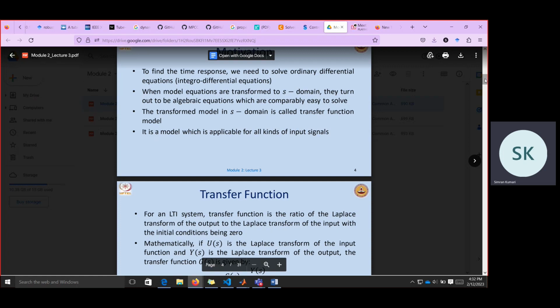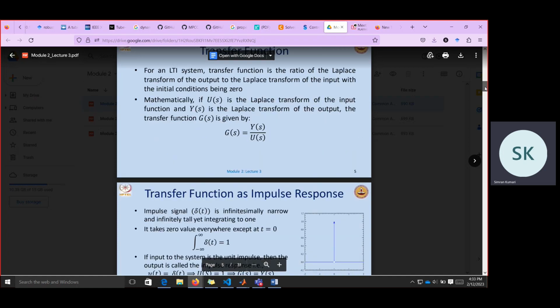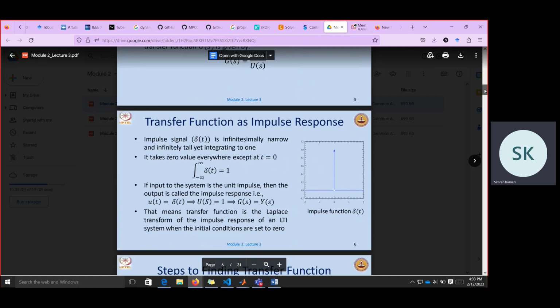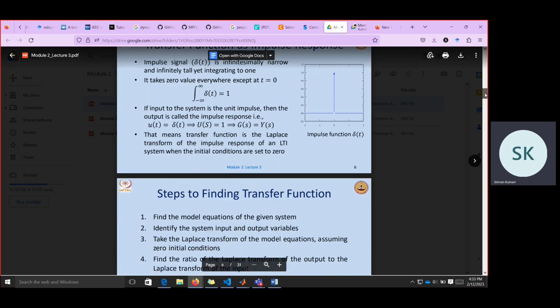So it's kind of a change, no? Here we had a derivative, here we just have this s squared term. So we have converted it to an algebraic equation, because this simplifies our calculation. From there we get the transfer function, and then we have seen that this transfer function is the impulse response of the system.